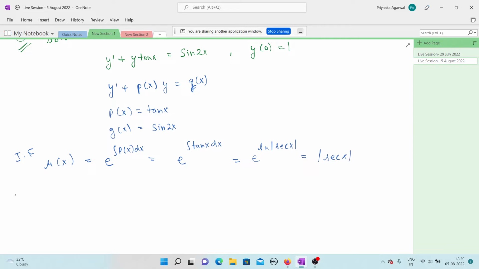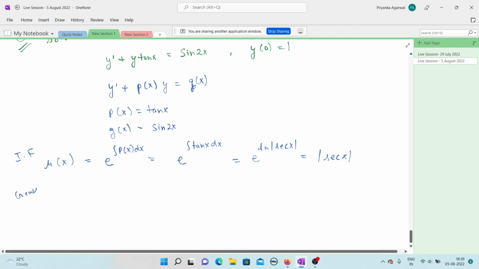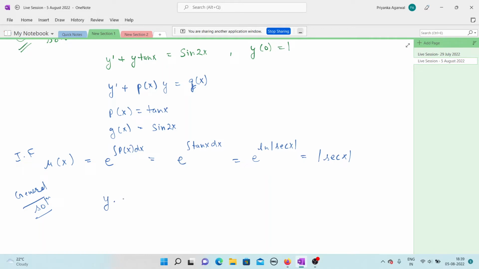Now the general solution will be y into this integrating factor equals the integral of g(x) mu(x) dx plus c, right?